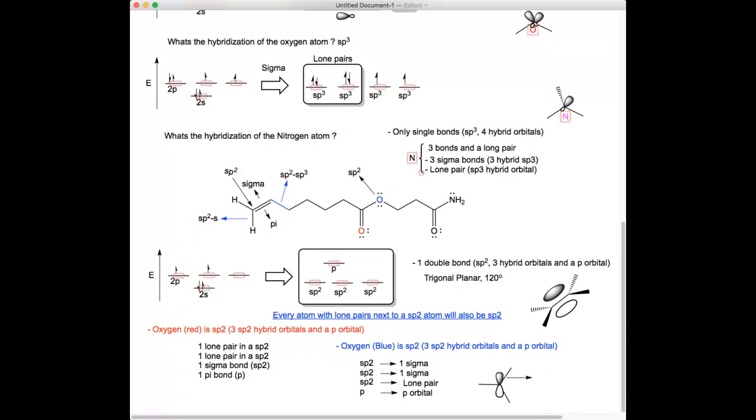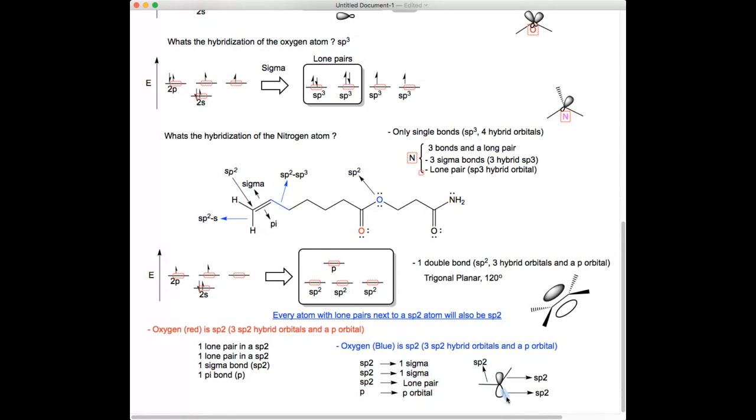So this is sp2, this is sp2, this is sp2. 3 sp2 and 1 p. That's what it means. So once again, what is the angle in between? One sp2 is for a sigma bond.